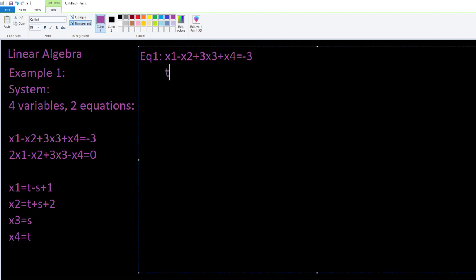We have t minus s plus 1 minus t plus s plus 2 plus 3s plus t. Collecting the t's, we have t minus t plus t.